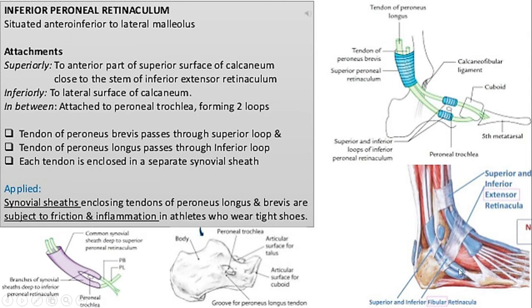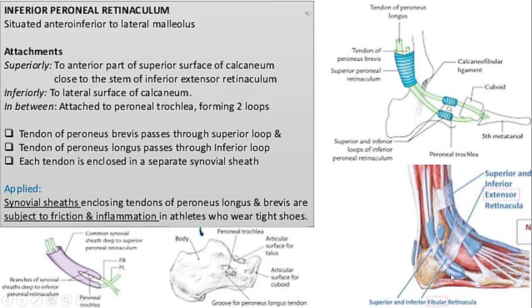So now the important relation here is that the peroneus brevis tendon is passing superior to the peroneal trochlea, and peroneus longus tendon is passing inferior to the peroneal trochlea, in the superior and inferior compartments under cover of inferior peroneal retinaculum. As the two muscles are passing in separate compartments, they are also lined by separate synovial sheaths.